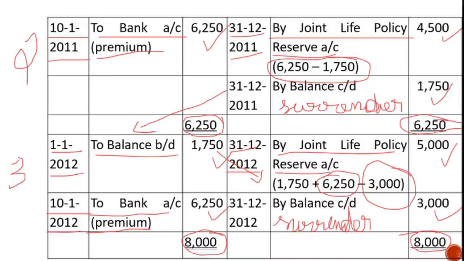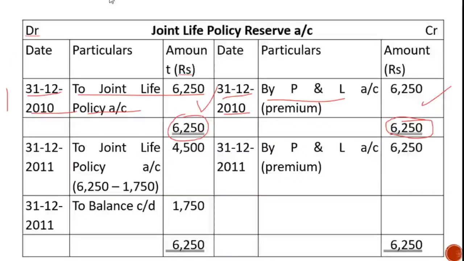So in the second year, if you see the joint life policy, in the second year we have 4,500. So this 4,500 is recorded here, 31/12/2011 4,500. So that is recorded here, that is 6,250 minus 1,750 is the surrender value.